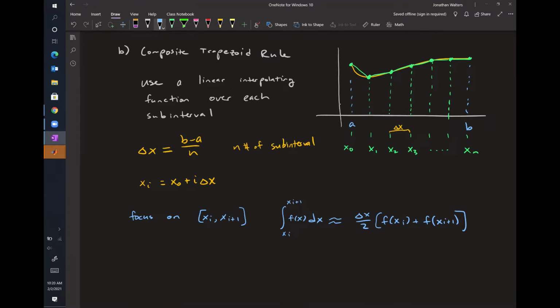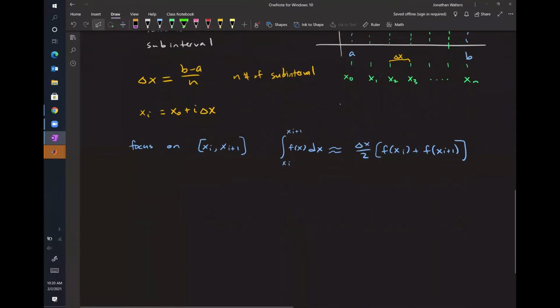So then the total area would be the sum of each little subinterval's area.